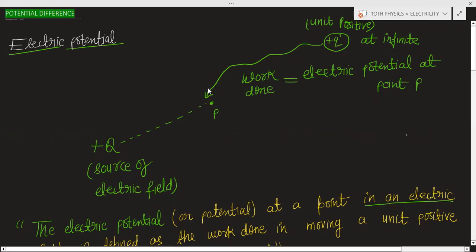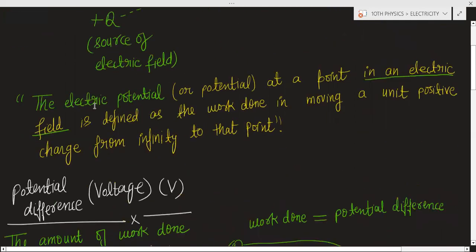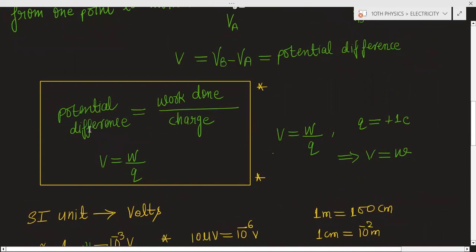Yes, sir. I discussed the potential difference and the electric potential in the last class. We discussed what electric potential is and what the potential difference is. There is a relation between the potential difference, work, and the charge.